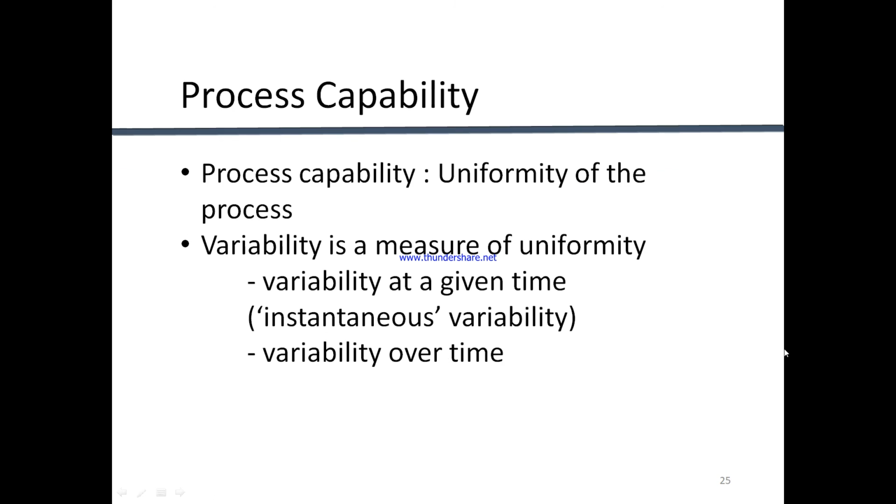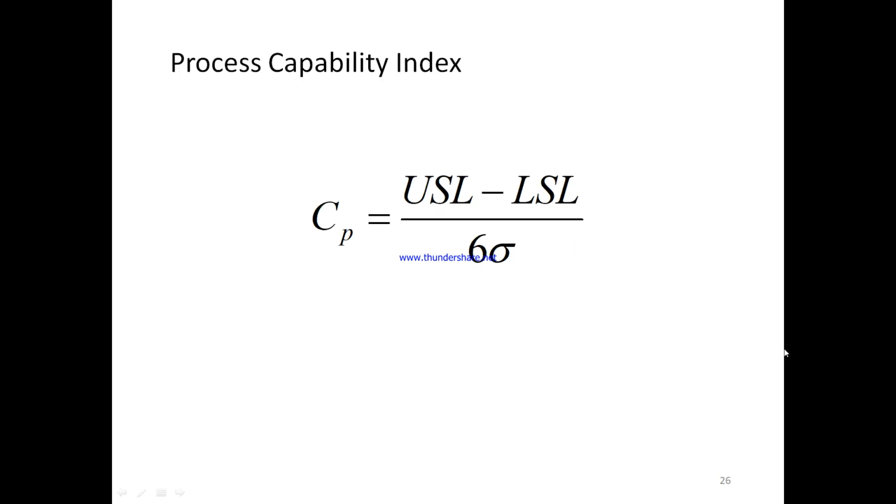Alright, so the other thing is, in order to measure how stable your process is, we can use the process capability index. The process capability index always measures the uniformity of the process, right? That is, at a given time, how good your process is, whether it's stable or not. So using this index, you can get an idea about your process.